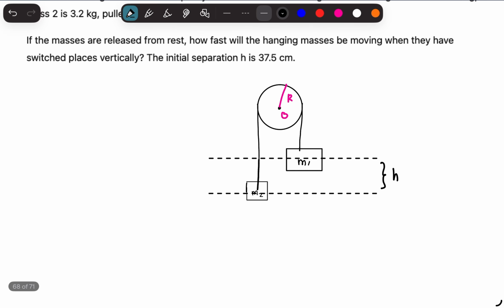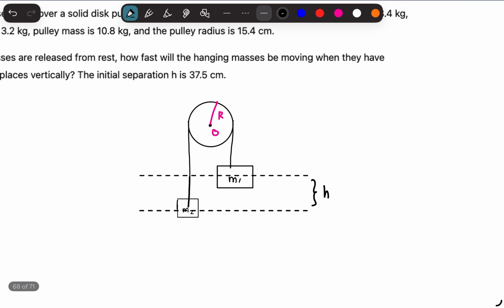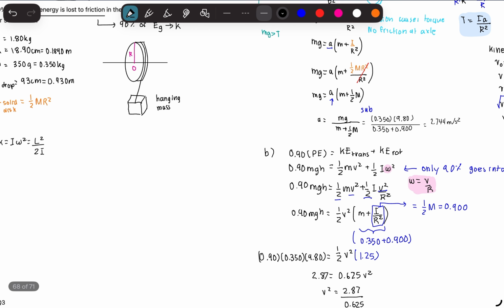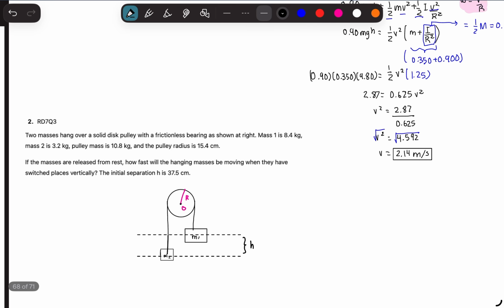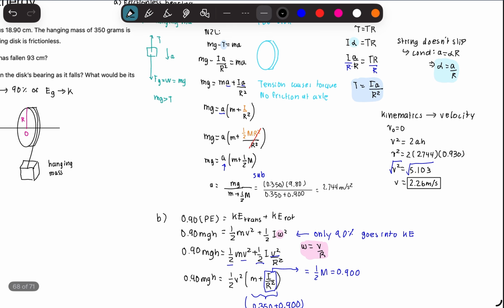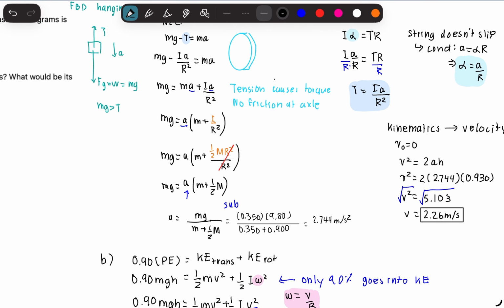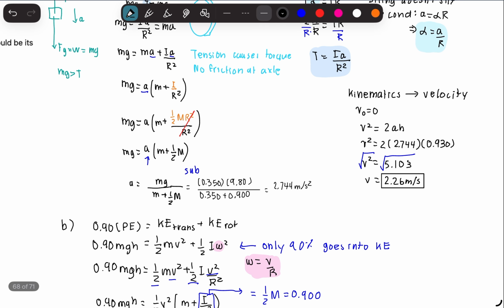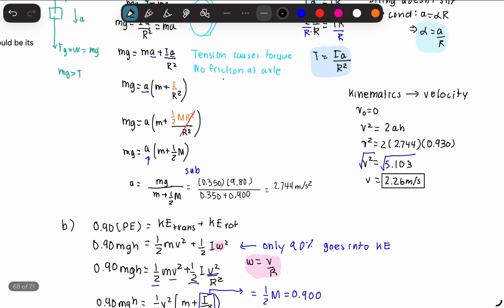So what we have is, well, for this drawing, no friction. Oh, here, let's note that no friction.